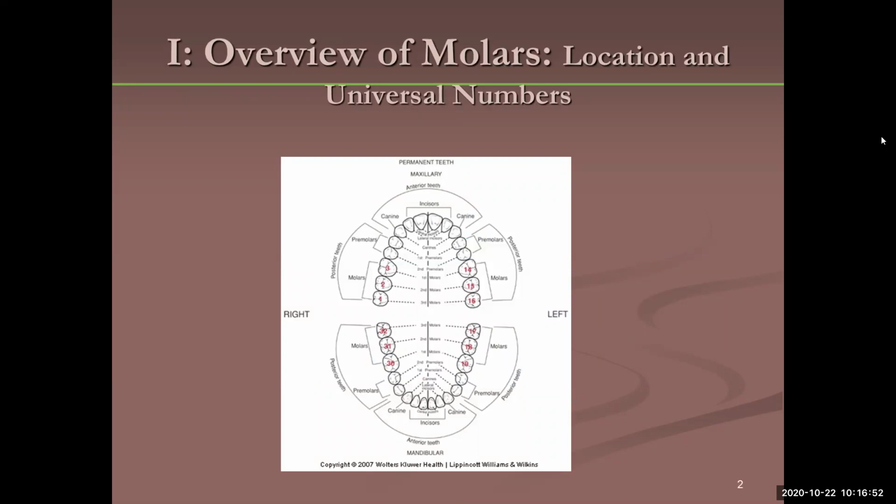All right, so universal view, universal or continuous numbering system. You have the Palmer and the FDI that are going to be on your tooth drawings. As you're learning teeth, you take certain teeth and you just memorize them. 8 and 9 are the central incisors, 24 and 25.